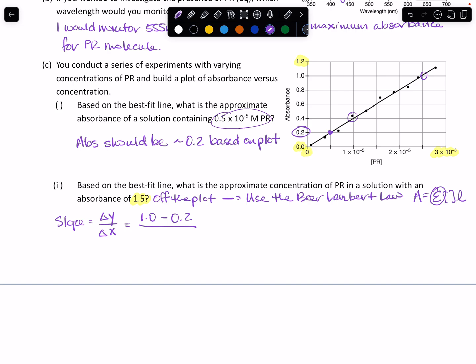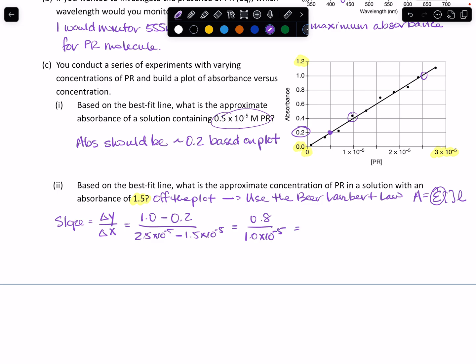And my concentration values are going to be 2.5 times 10 to the negative fifth minus 1.5 times 10 to the negative fifth. I'm going to plug all that in. So I'm going to have 0.8 divided by 1.0 times 10 to the negative fifth.